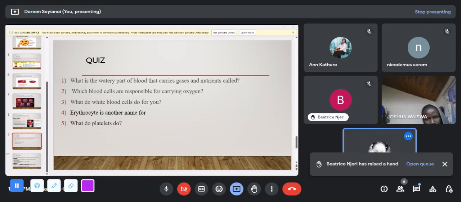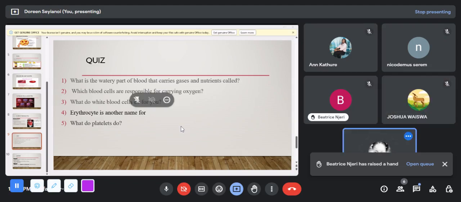Waiswa, can you please mute your microphone? What do platelets do? Jerry? They prevent blood loss through clotting. Yes, thank you. They help in blood clotting.